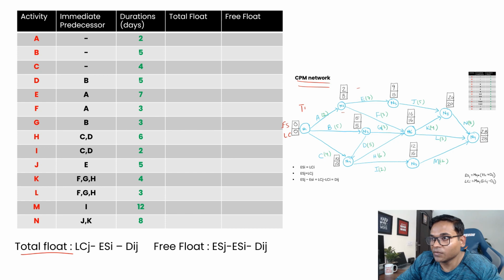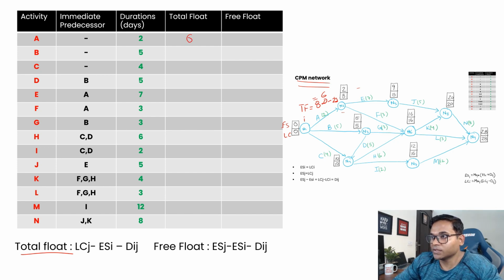Let's start with the total float for activity A. Remember the formula: this is your J, and this is your I. The late completion of J is 8 and the early start of I is 0, minus the duration 2, so this becomes 6. So the total float for A is 6.